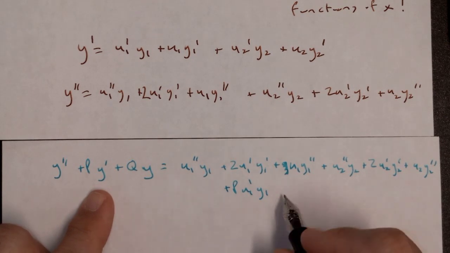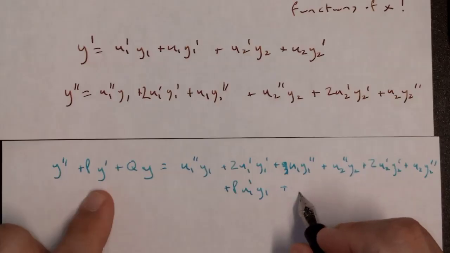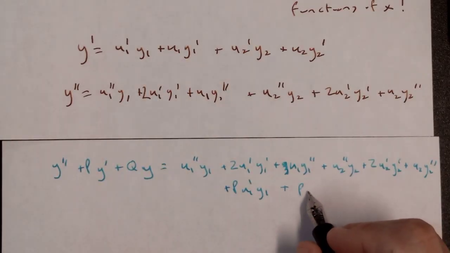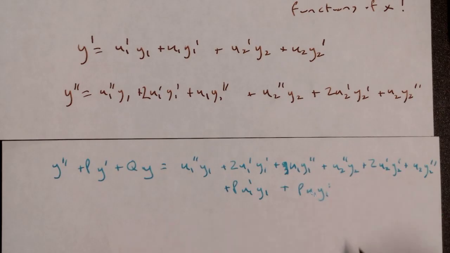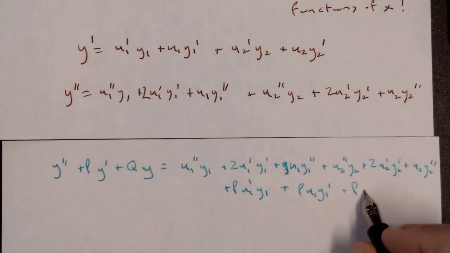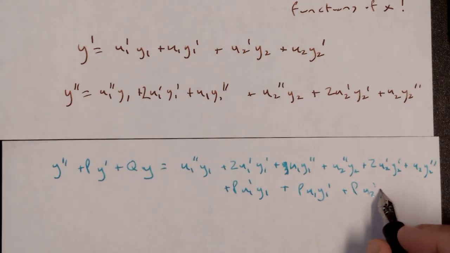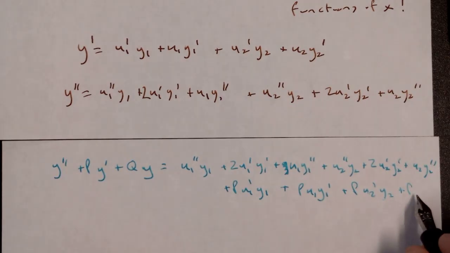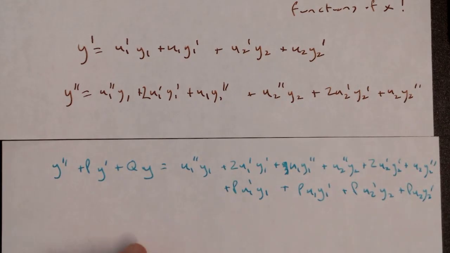And then P times u1 y1 prime. And then P times u2 prime y2, and then P times u2 y2 prime. I'm not sure stuff is lined up the right way. We'll deal with it later. Q's.